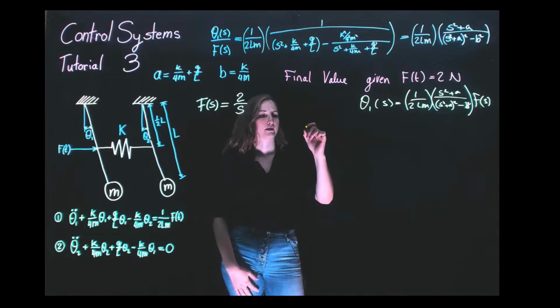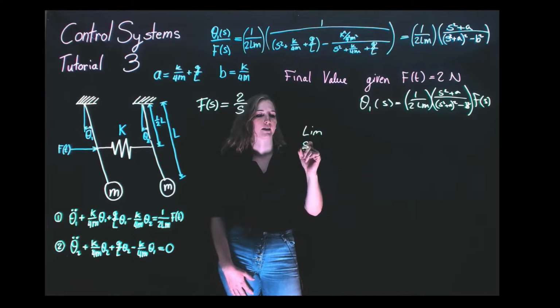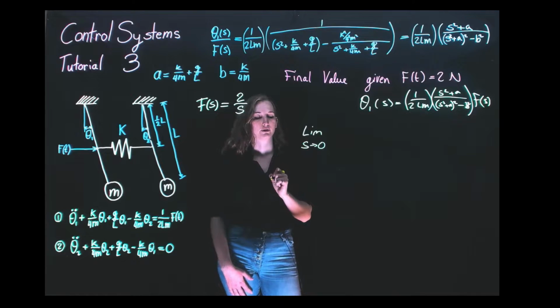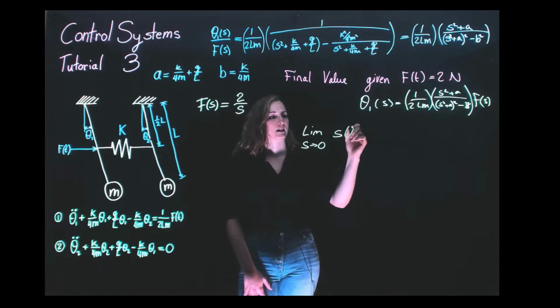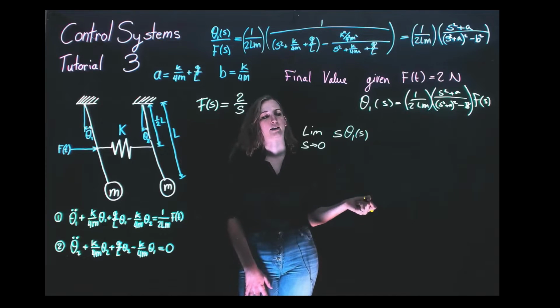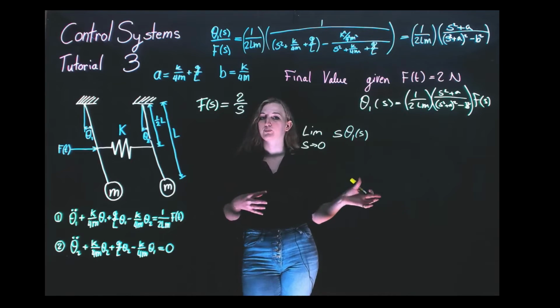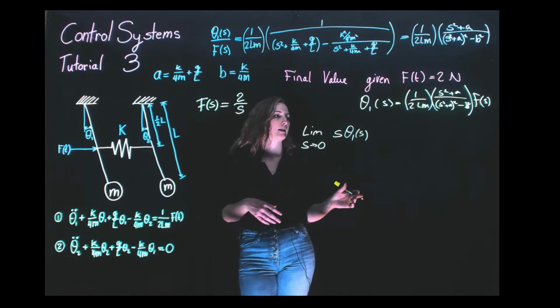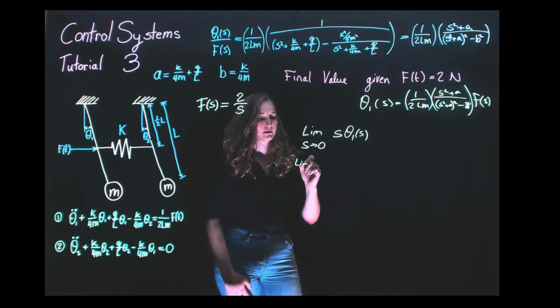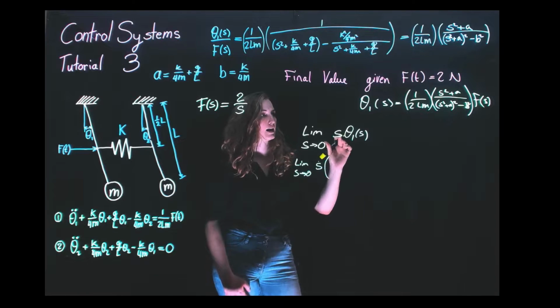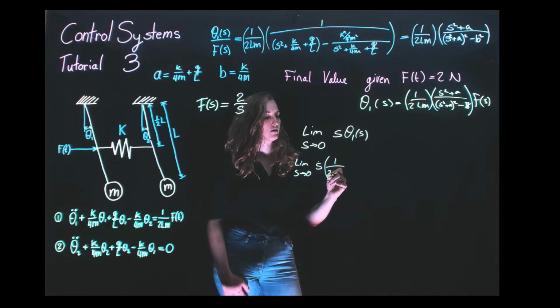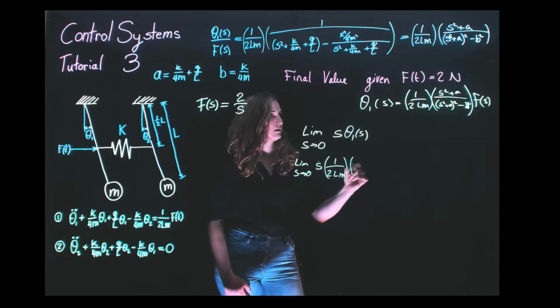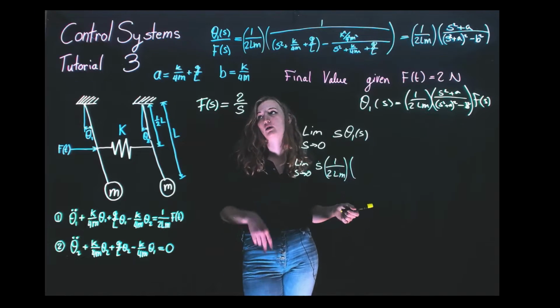We have the limit as s approaches 0 of s times θ1(s). Okay, so that should be pretty straightforward to apply. For that, we have the limit as s approaches 0, and we have s, and now our equation for θ1, so we have 1/(2lm). And just remember that our a and b are both constants, right?